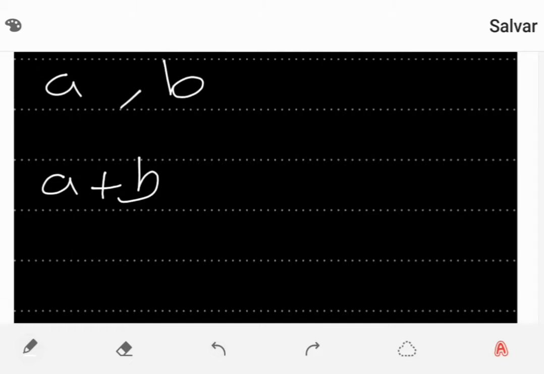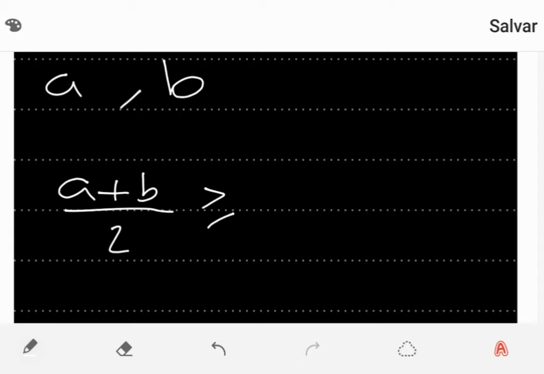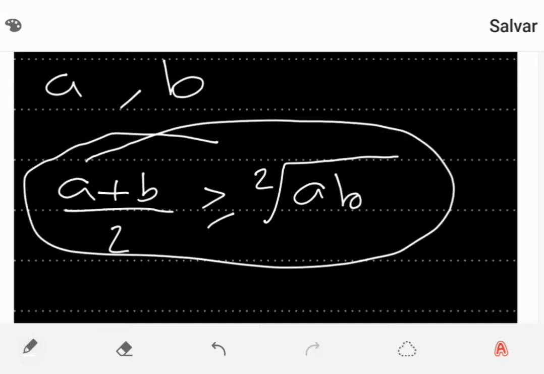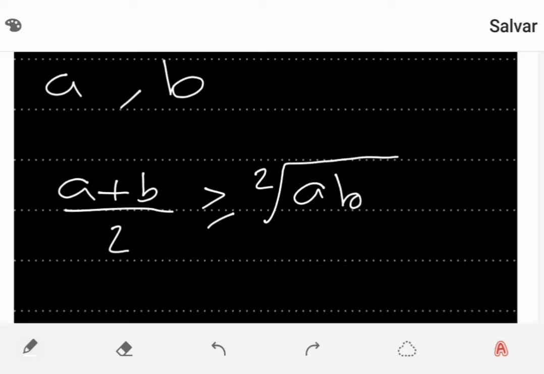So the formula we have is that A plus B divided by 2 is always bigger or equal to the square root of A multiplied by B, and this is valid even if it was 3 terms, 4 terms, even if there was C over here, okay?